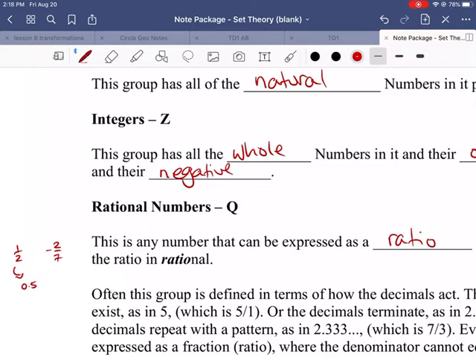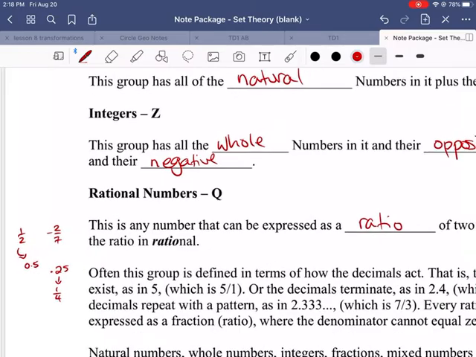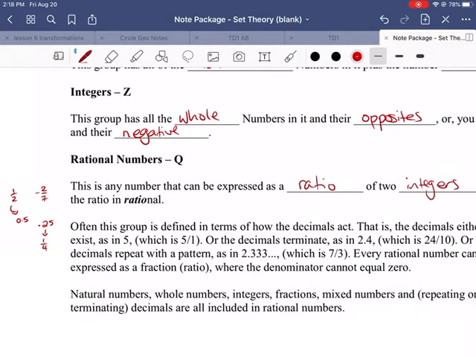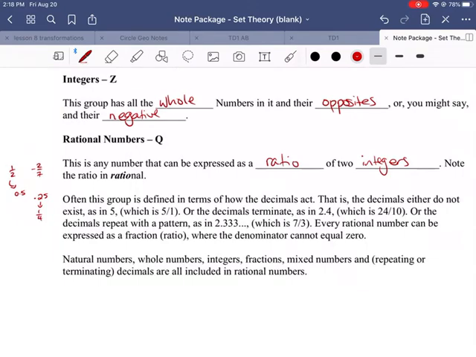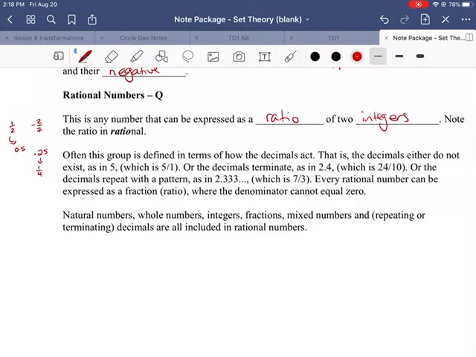Okay, if you have something like 0.25, that's an ending decimal. All right, now you can write that as a ratio. 0.25 is going to be 1/4. All right, so anything that can be written as a fraction, that's going to be included in the rational numbers. Natural numbers, whole numbers, integers, they're all included in rational numbers.